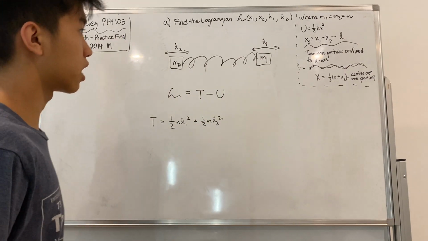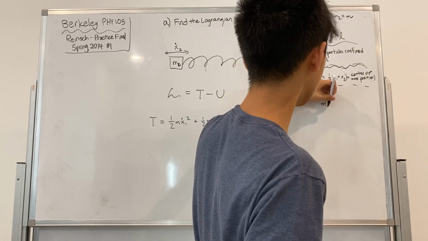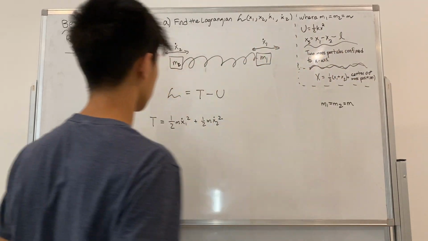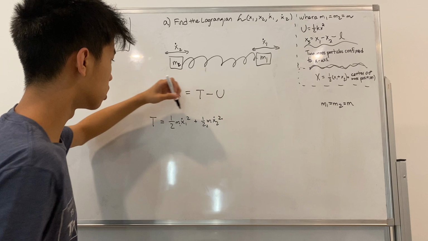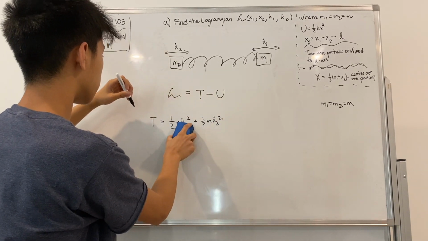Now we know from the beginning of the video that m1 equals m2 equals m. So they all have the same mass value, which is why I didn't really need to put an M1 here or an M2, because they're all equal. So I'll just put m here.